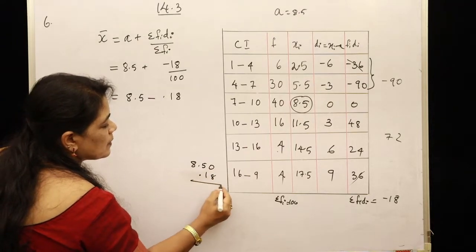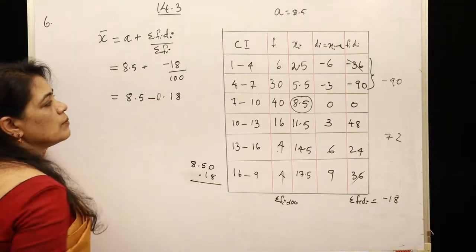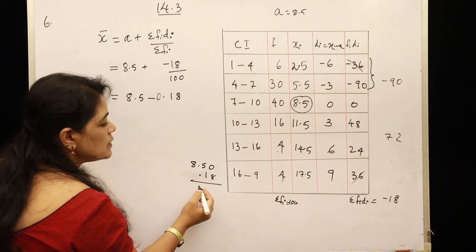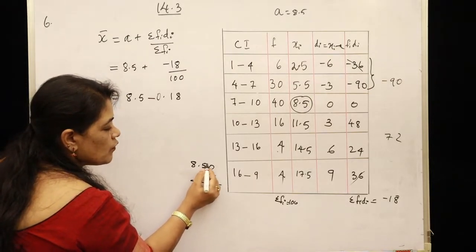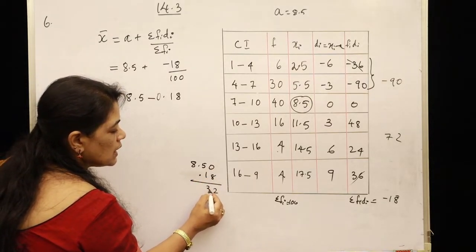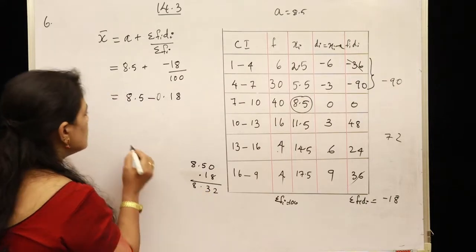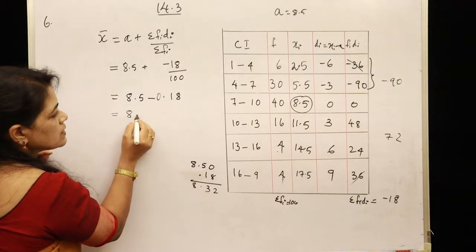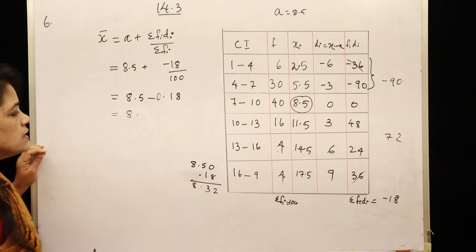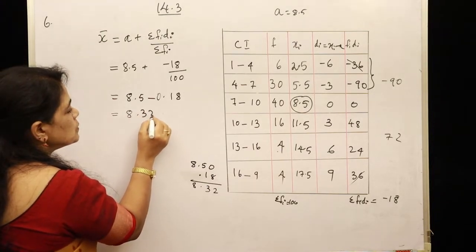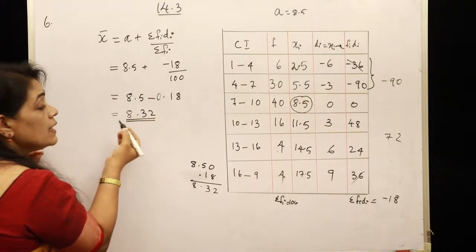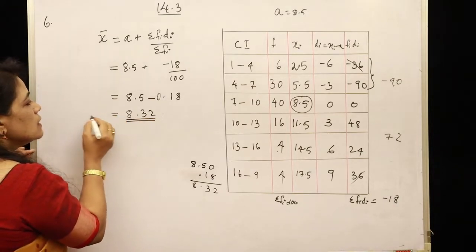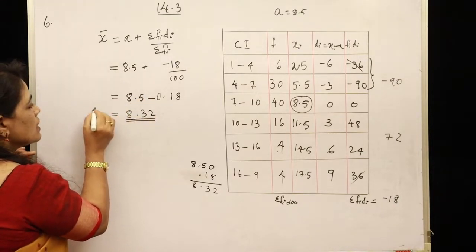There is 0 in the whole number place, so we can borrow. That gives 8.32. This is the average number of letters in those surnames, that is x bar is equal to 8.32.